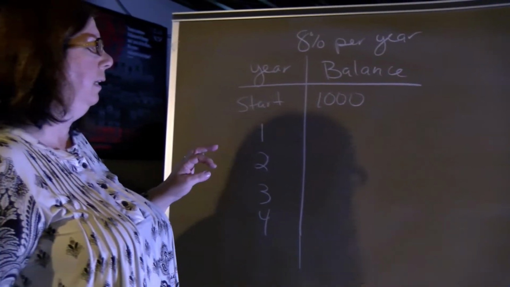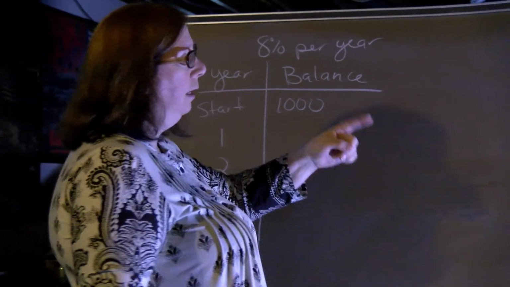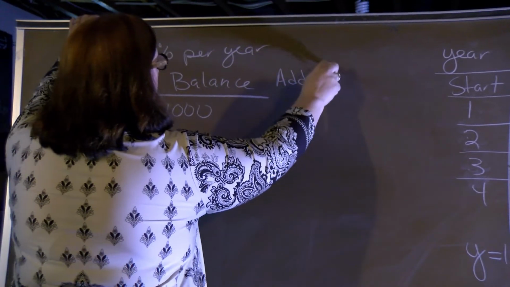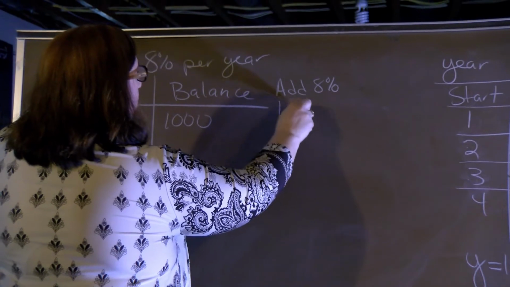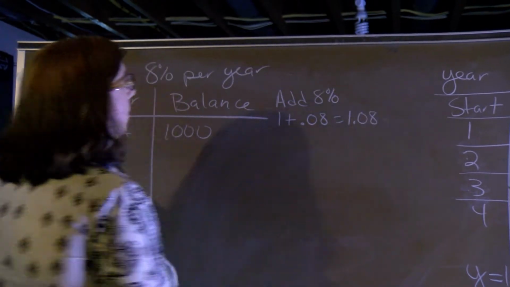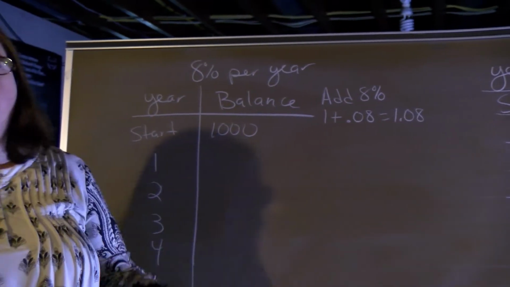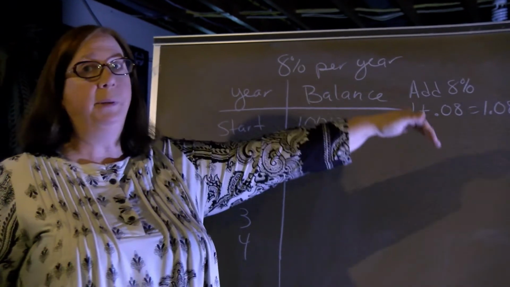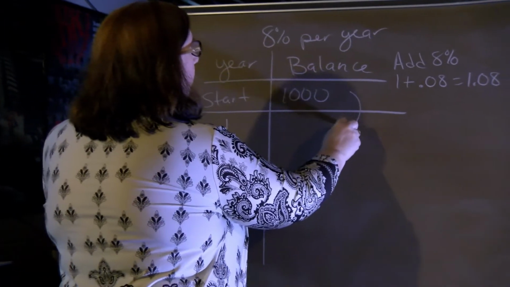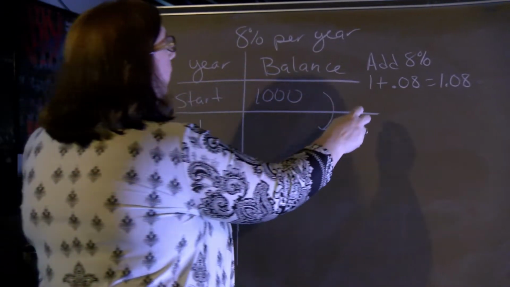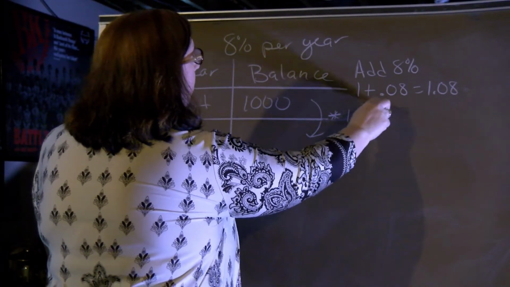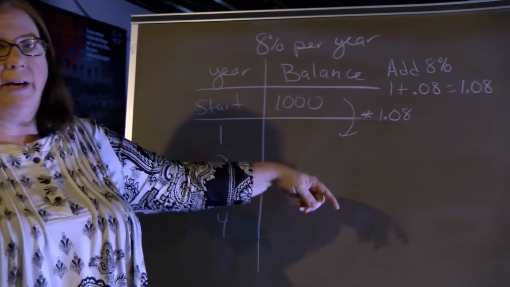So rather than adding 100 each year, adding 8%, which means the 1 plus trick. So to find the percent, it's 1.08 because we want $1,000 plus the 8%. So to find our first amount, rather than adding 100, because it's a percent, we need to multiply by 1.08. And that will tell you the next value.